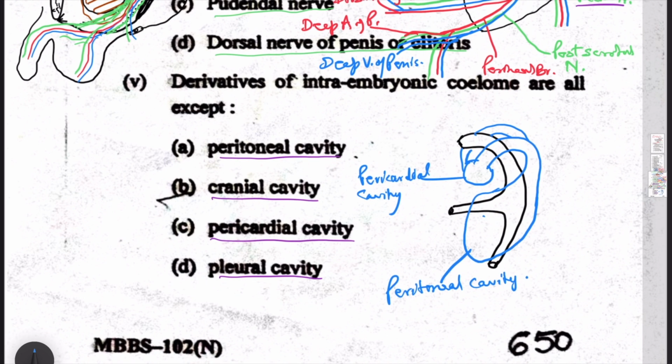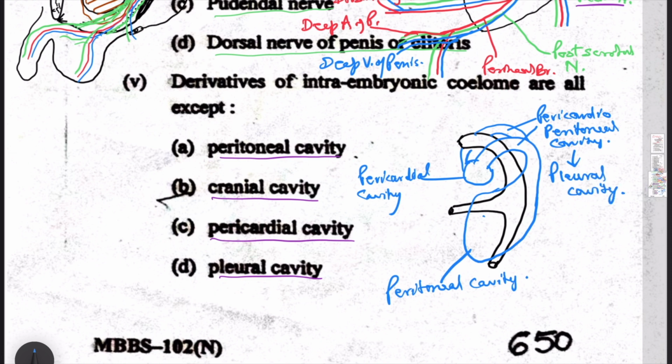Okay, and now these two tubes connecting the two cavities will be the pericardio-peritoneal tubes or canals. Right? What will this form? This will form the pleural cavity later on.